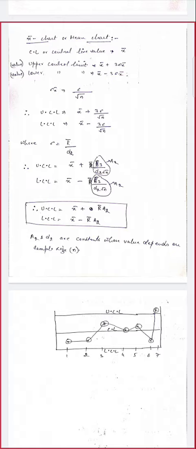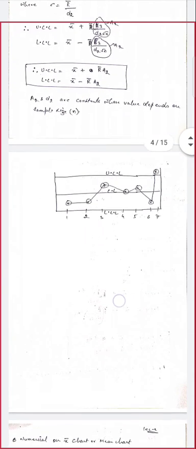After calculating the upper control limit value and lower control limit value, you have to draw the X bar chart. To draw the X bar chart, you need three values: the center line you already calculated, the upper control limit value and the lower control limit value. So in this you can see that we draw three horizontal lines.